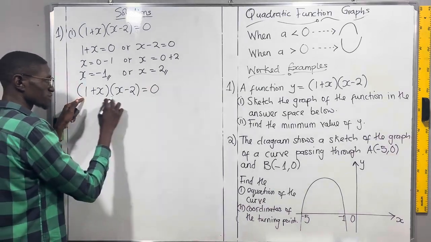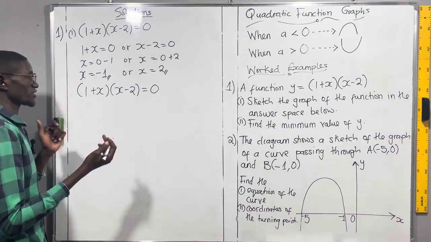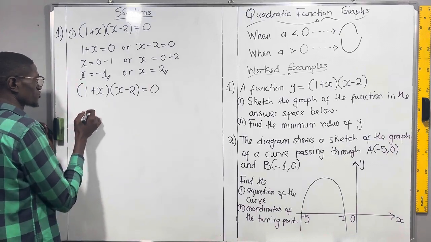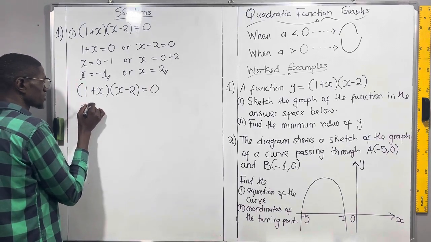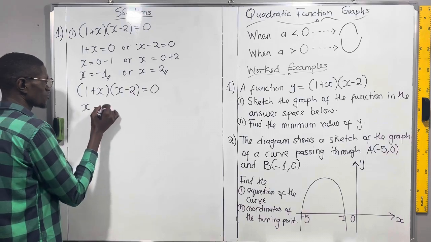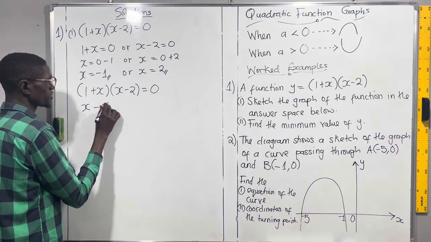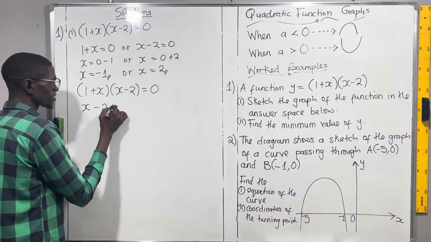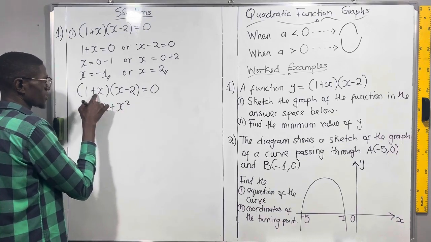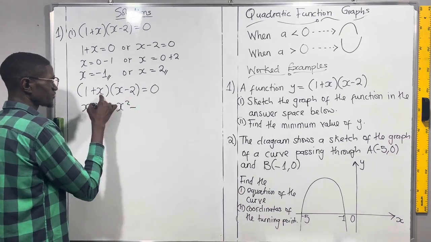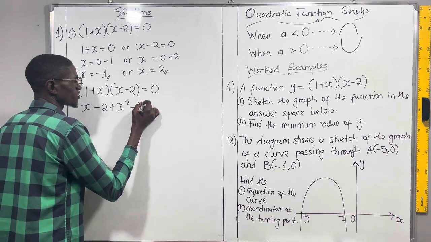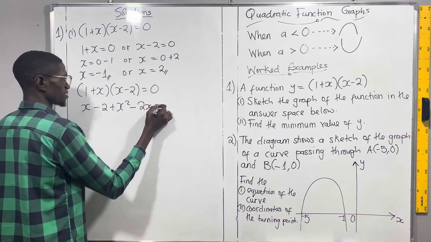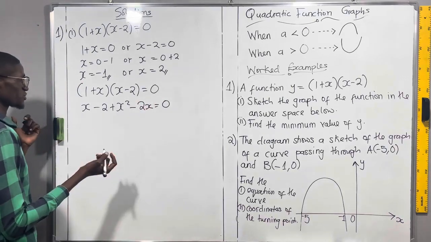Okay, so we now need to expand this equation so that we can now find the original equation for the graph. So we're going to say 1 times x is going to give us x, 1 times negative 2 will give us negative 2, okay, and then x times x will give us x squared, positive times negative, negative, x times 2 is going to give us 2x is equal to 0, and then we can group the like terms.